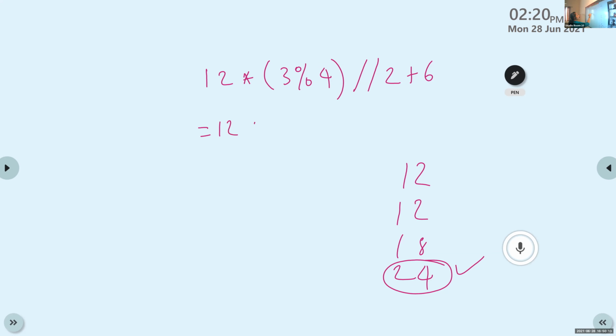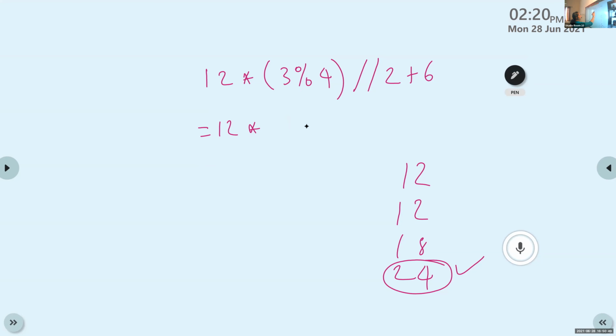Okay, then 12 into, what is the answer? 3 mod 4 is what? 1. It is not 4 mod 3, it is 3 mod 4.